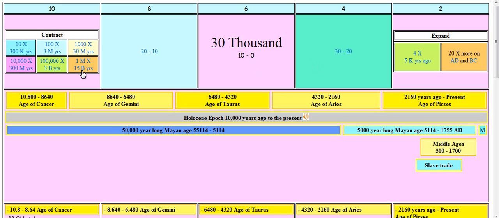So I have 15 billion years, the biggest one, and then 100,000 is 10 times bigger than that, 10 times bigger than that, and so on. And then 20 times bigger, and then 4 times bigger. Because it's 500 years across, and then it's 2,500 years across, so that's 5 times bigger, I should say.